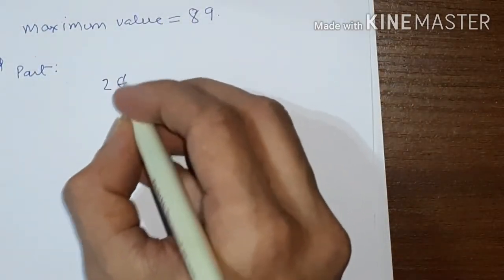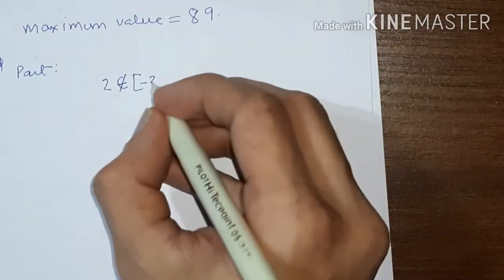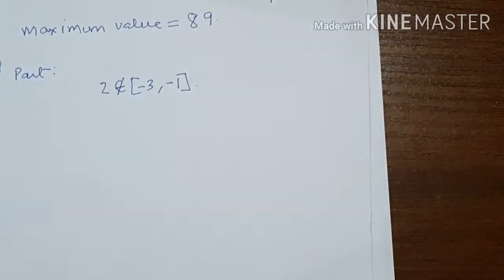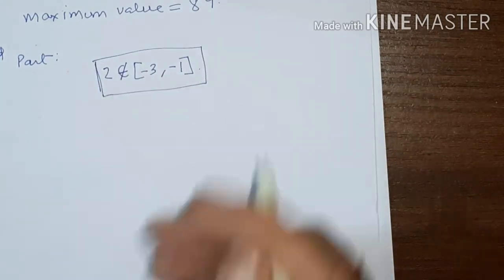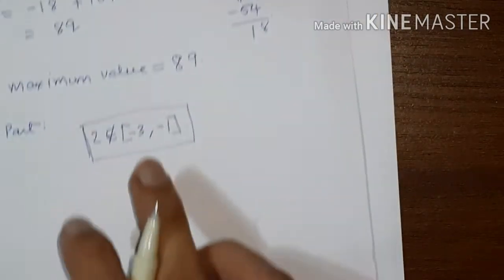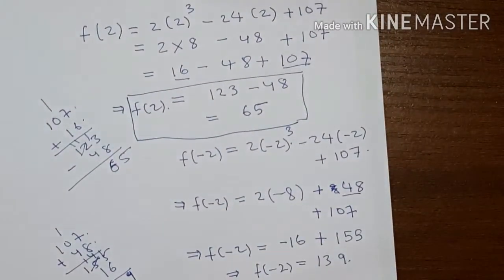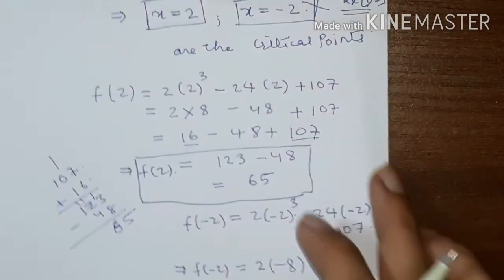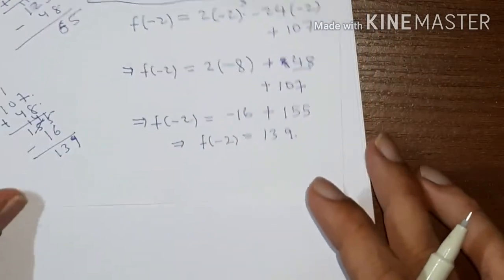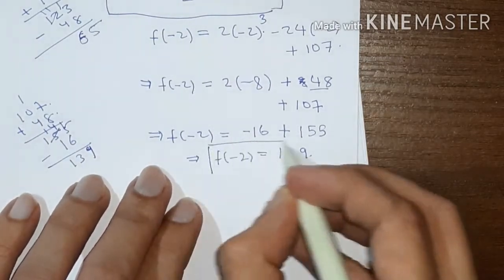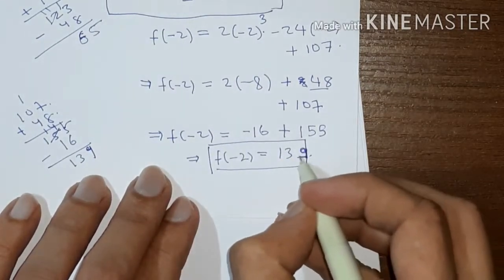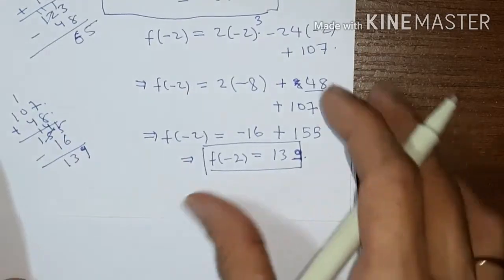So 2 doesn't belong to minus 3 comma minus 1. So which value do you have to take to find the maximum? This is 1, right, 139. Now we have to find the value of the function at the end points, right?